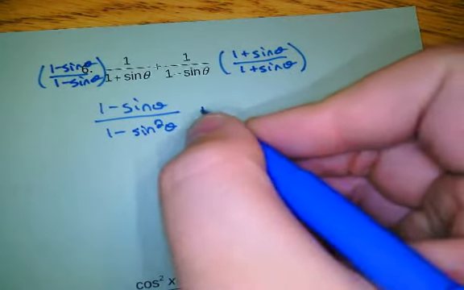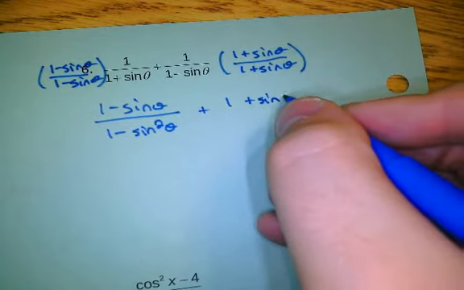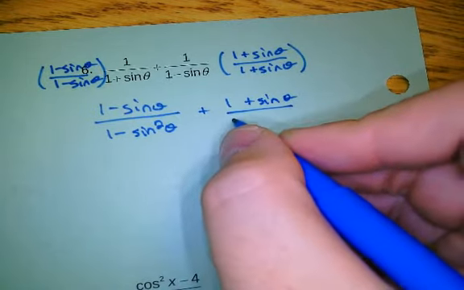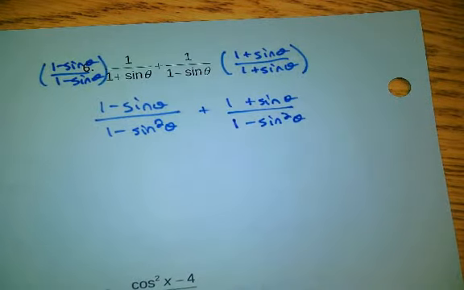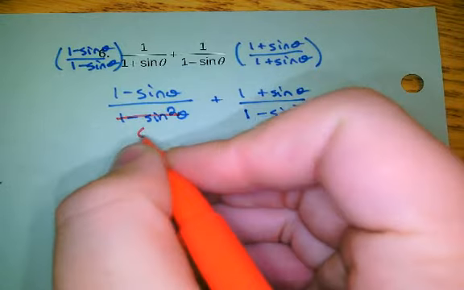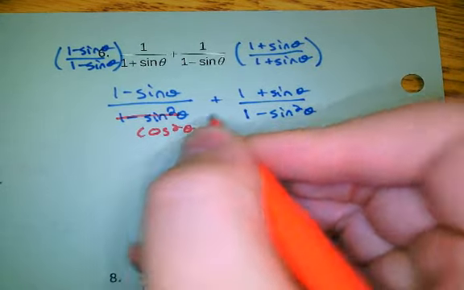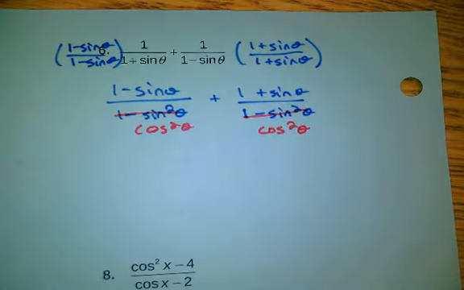Because they're both going to turn into what then? So what does that 1 minus sine squared theta turn into? Cosine squared. Why didn't you just cancel it out? Because when you add fractions, you have to keep the denominators.